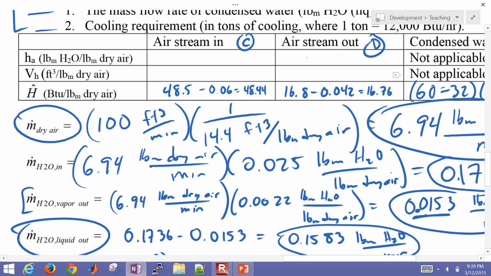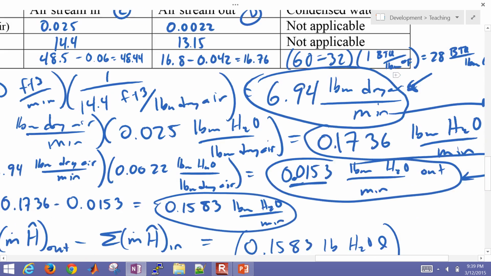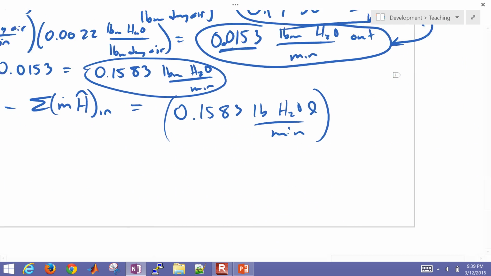I'll just put the volumes here. This was 13.15, and this is 14.4, and then 0.025 and 0.0022. Okay, so now we have all of our enthalpies of the in and the out plus the mass flow rates.